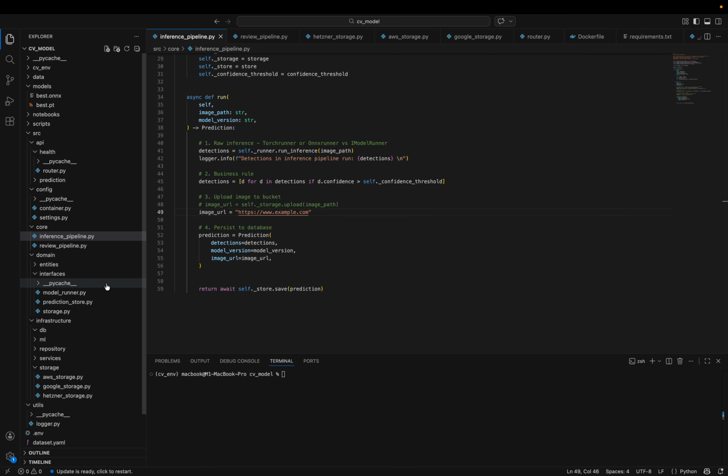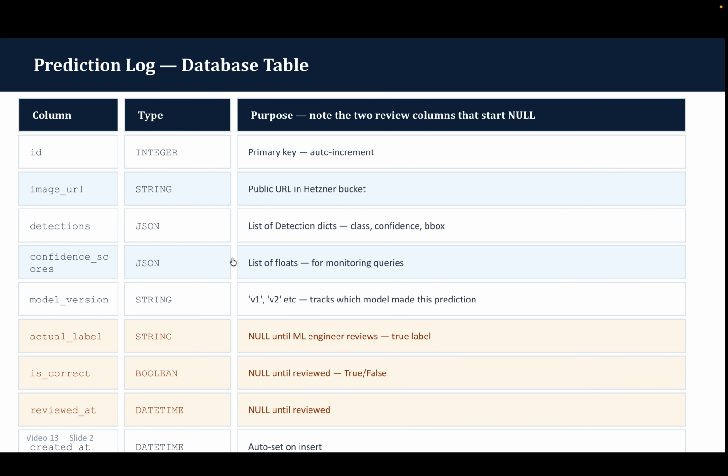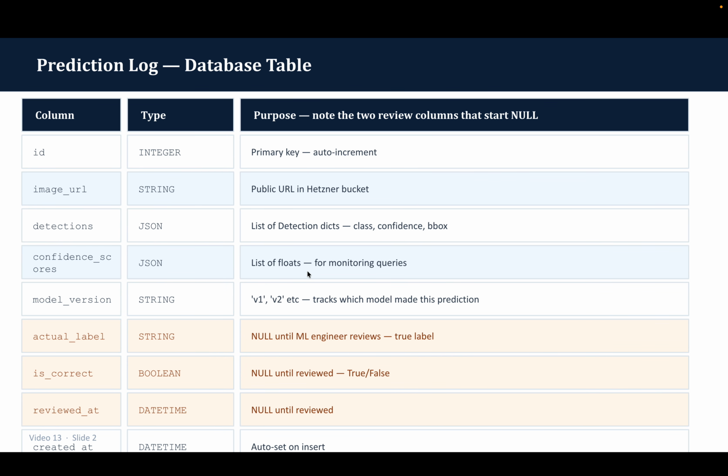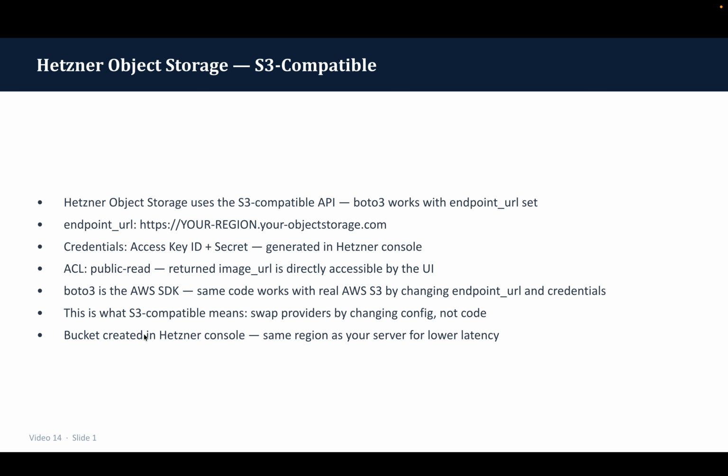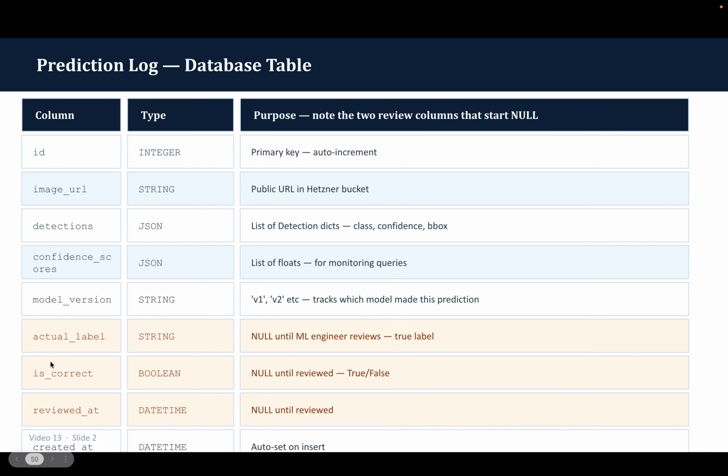Before we proceed, we'll be discussing our database layer. Like I said in our previous videos, we'll be using an SQLite database, which would have an ID, a URL, detections, which is going to be a list of dicts in JSON, confidence scores, model version, actual label for review, is correct, and created at and updated at. Created at is automatic on insert, so that we can start testing the application even without having an external bucket.